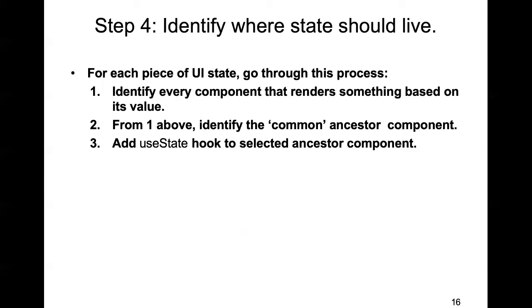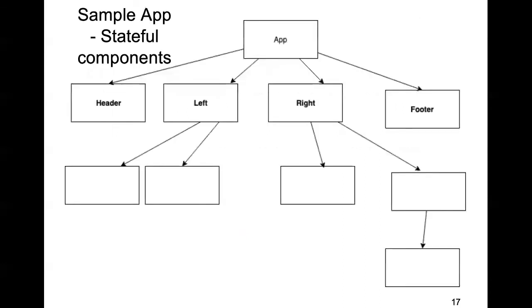Okay. So to apply step 4 to our sample app, we have our hierarchy here now. So if we take each of the 3 state data that we identified from step 3.